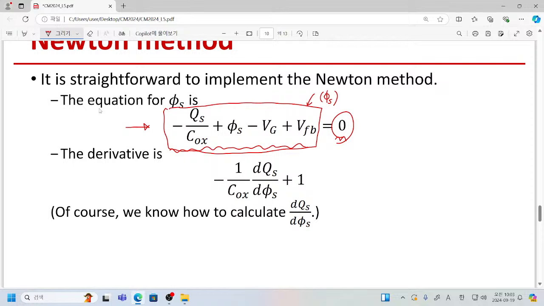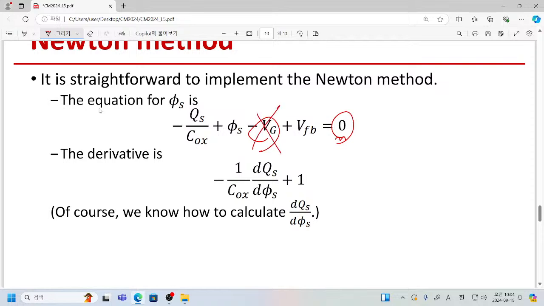And in order to find the numerical solution, of course you have to find the derivative of your function with respect to surface potential, and fortunately you can do it quite easily. For example, take the derivative with respect to phi sub s. This is a number, so it does not contribute.